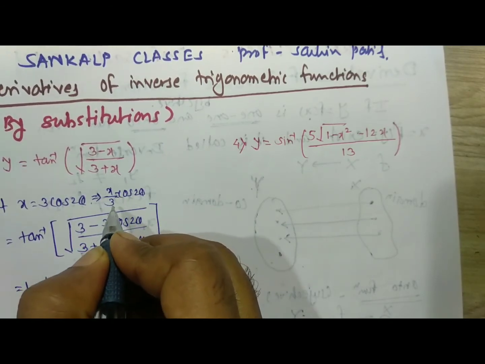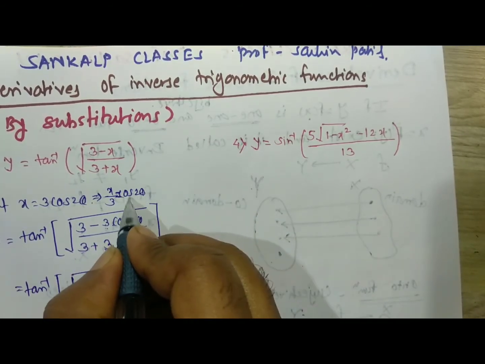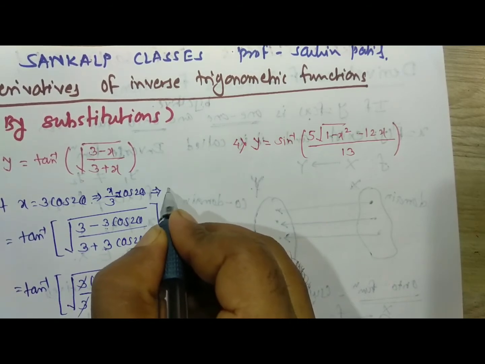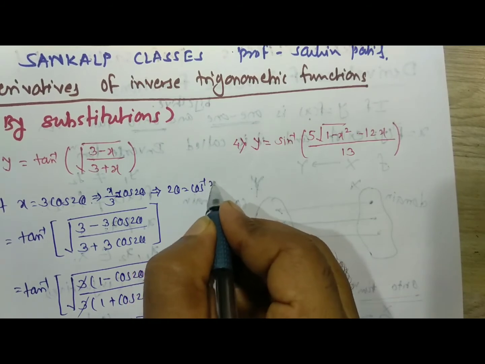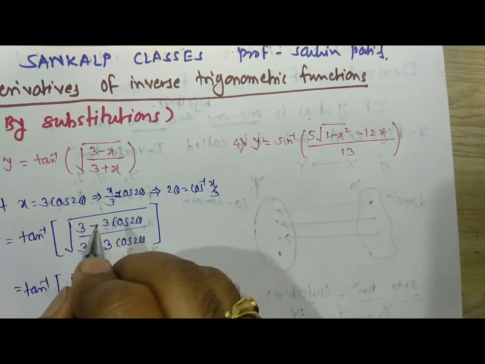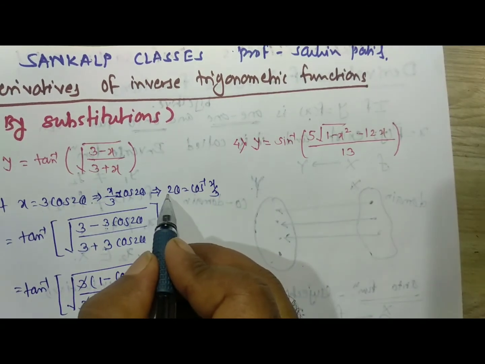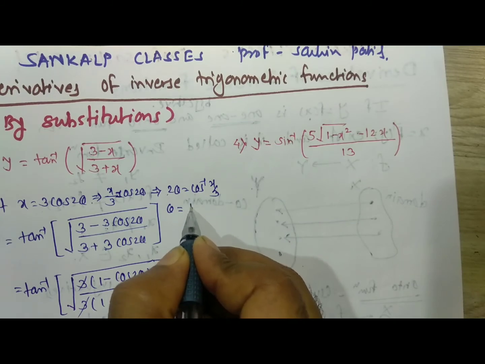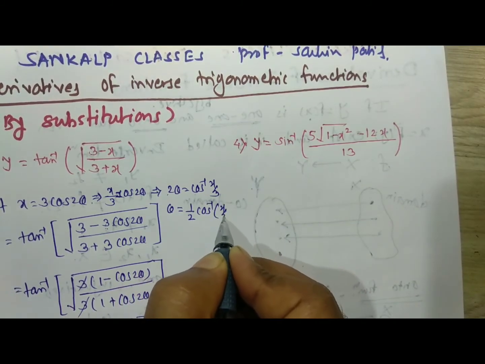This cos is transferred, then you will get 2 theta is equal to cos inverse x divided by 3, and this 2 is also transferred, then you will get theta is equal to 1/2 cos inverse x divided by 3.